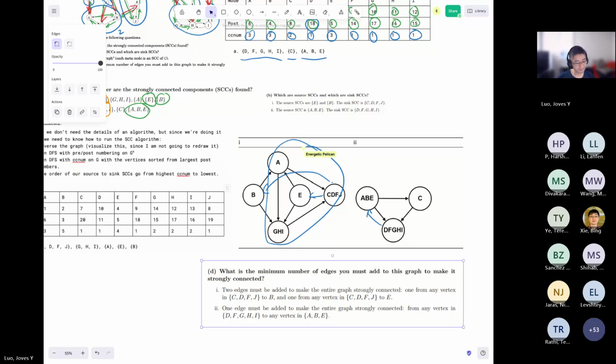Sorry, another conversation was happening in the chat, and I'm starting to question if I understand. If you run DFS, is it going to run on the whole graph or just from your starting point onward? DFS will always run on the entire graph.